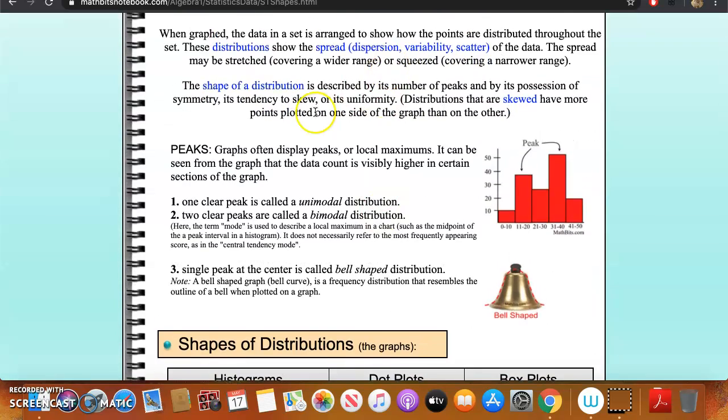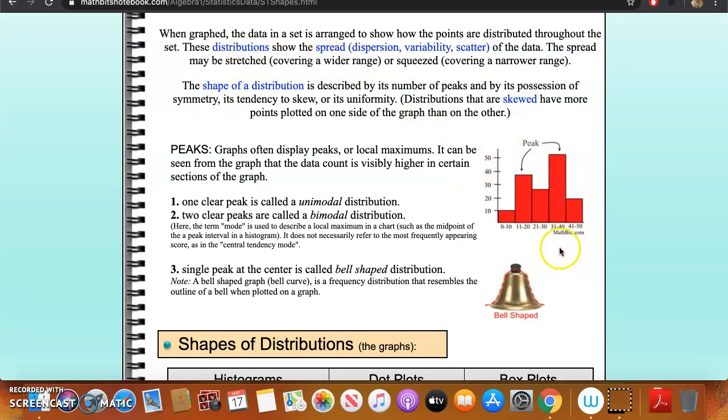So basically, when we graph data, we arrange how the points are distributed throughout the set, and we frequently use things like a histogram. In using these graphical representations of our data, we can look at it and see the spread.